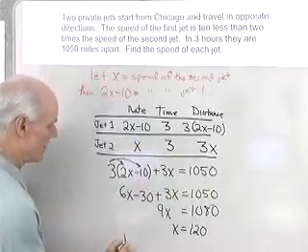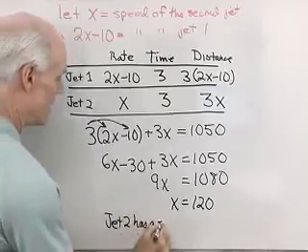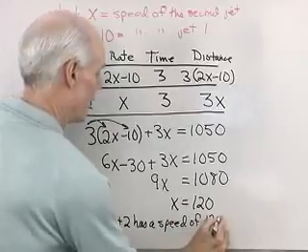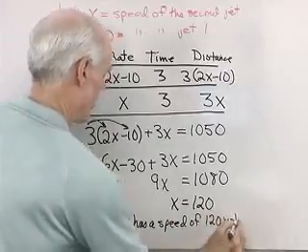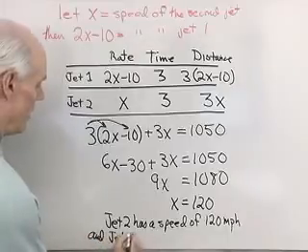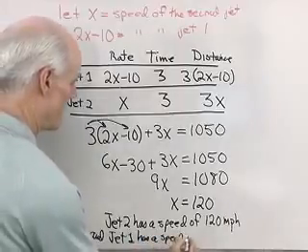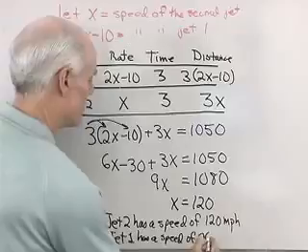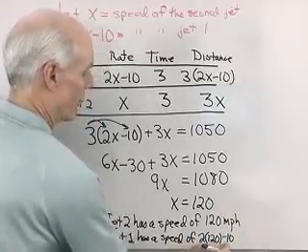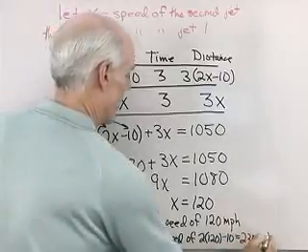So jet 2 has a speed of 120 miles per hour, and jet 1 has a speed of 2 times 120 minus 10. That's going to be 240 minus 10, which will be 230 miles per hour.